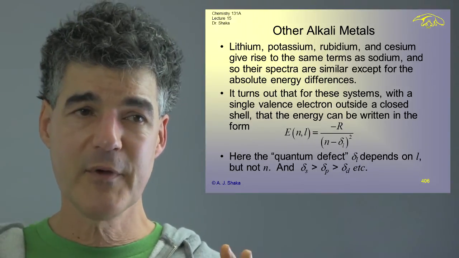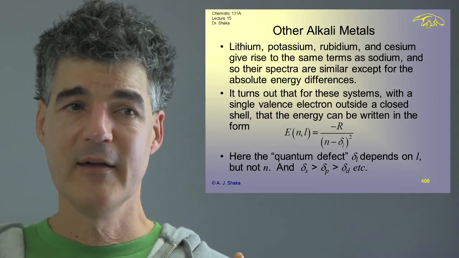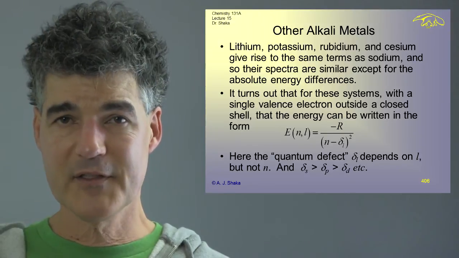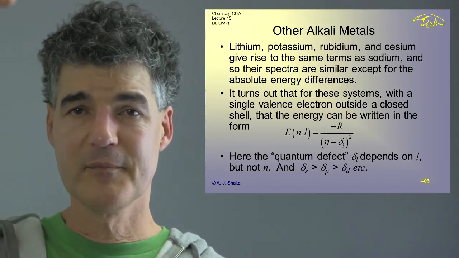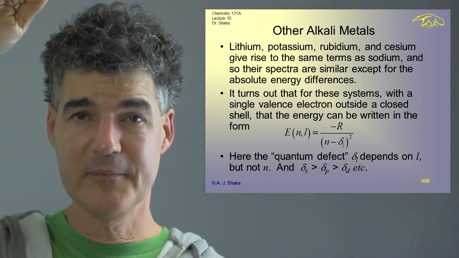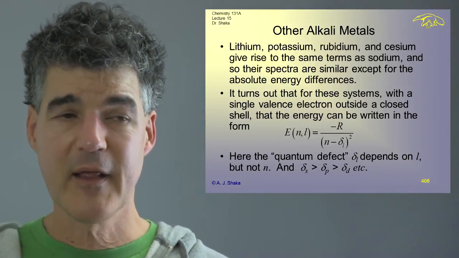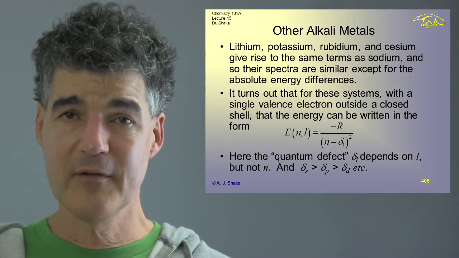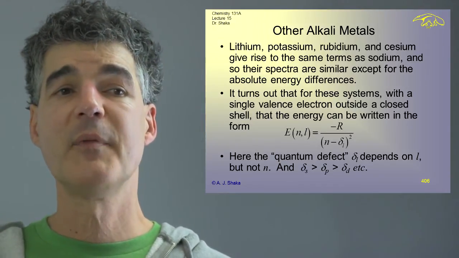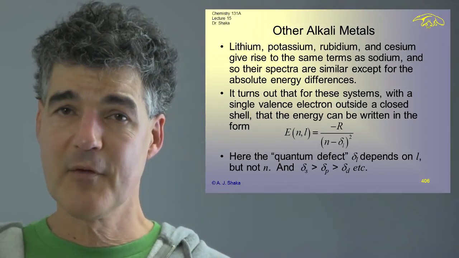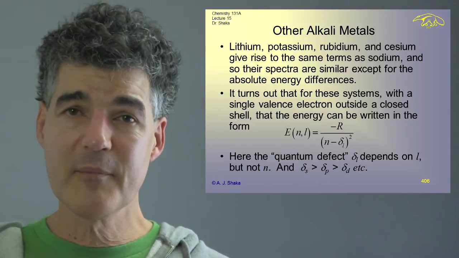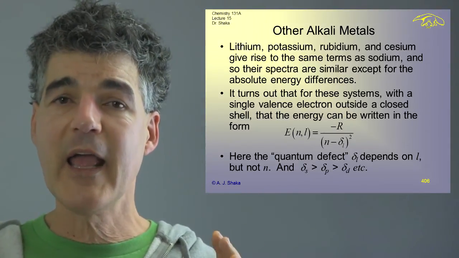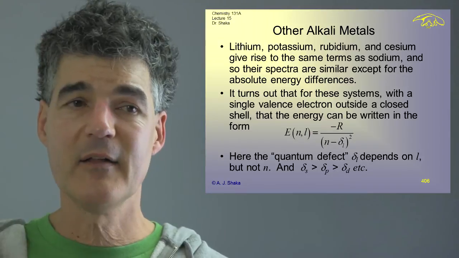And in this case, we can write E, the energy of the state, with respect to zero energy, just like with hydrogen, which depends on n and l now, not just n, as being minus R, the Rydberg constant, divided by quantity n minus delta l squared.